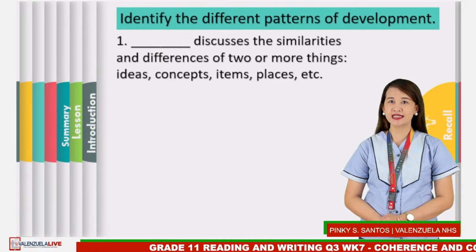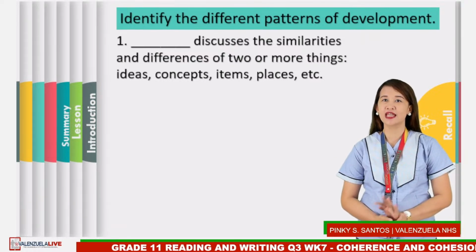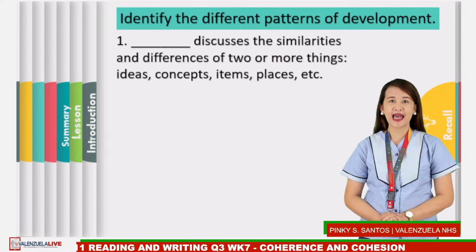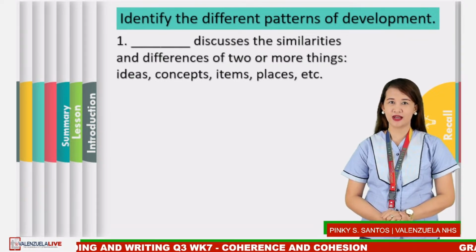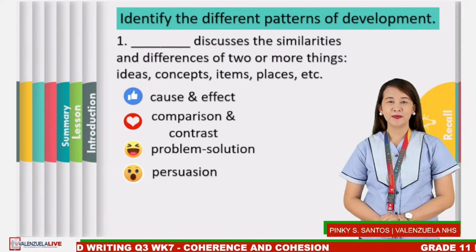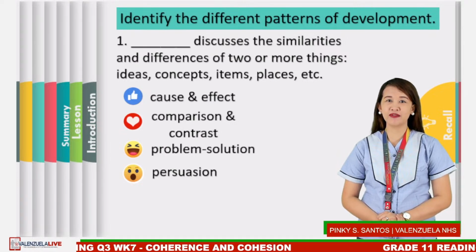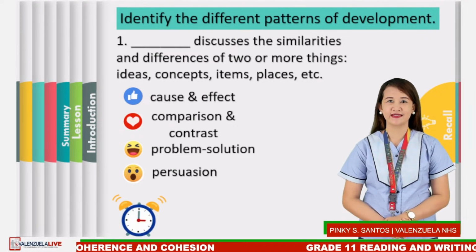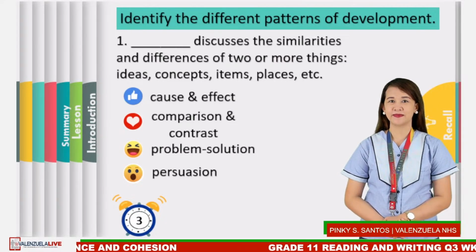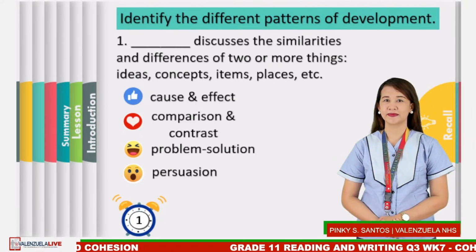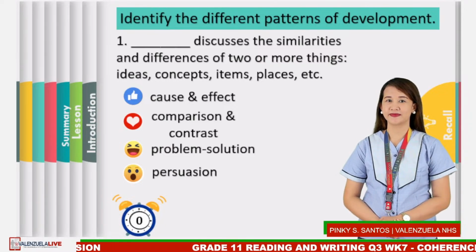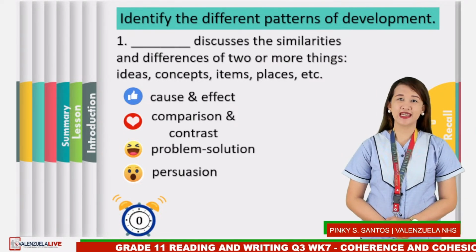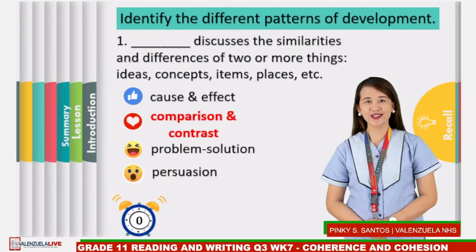Blank discusses the similarities and differences of two or more things, ideas, concepts, items, places, etc. Press the reaction button now. I'm giving you 5 seconds to do it. Timer starts now. Time's up. The answer is comparison and contrast.